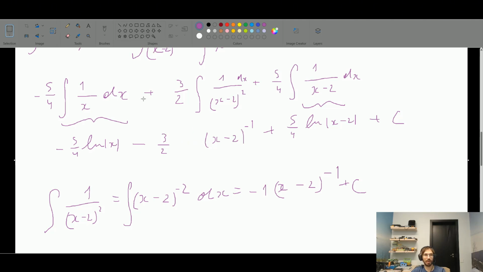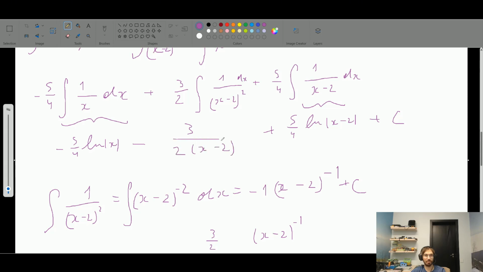Or even to make it more beautiful, this whole thing can be rewritten as 3 over 2 times (x minus 2). And that's how I would leave it as the answer.